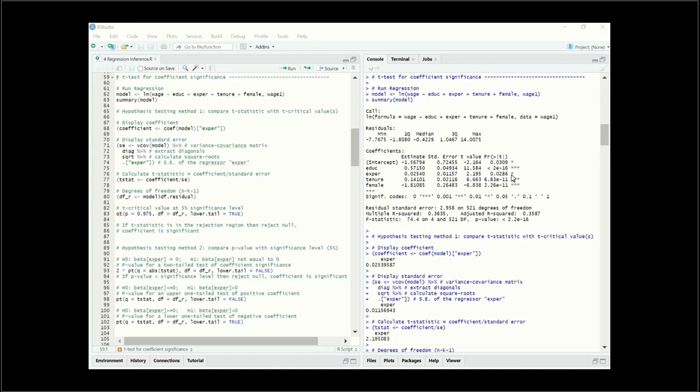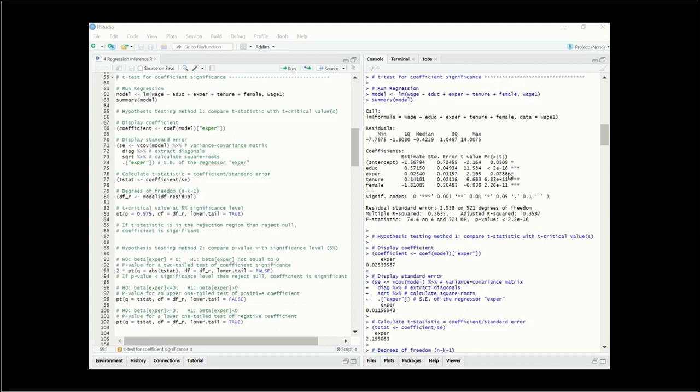So what we're going to be looking at here is the t-value. So here we have the coefficient divided by the standard error is the t-value. And that's true for all of the variables. The coefficient divided by the standard error is the t-value. And this p-value here shows whether or not the coefficient is significant.